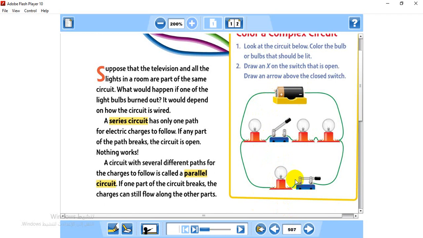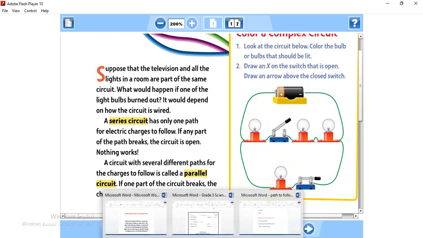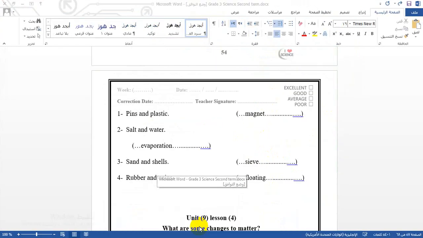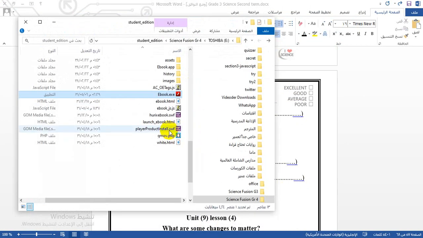Okay guys, now let's solve the activity in the booklet. Oh no, not here. What happened? Okay, we didn't open it. No problem, I will open it for you. I will find it in the downloads, I think, because last time I didn't.